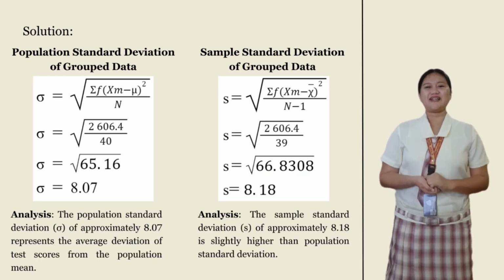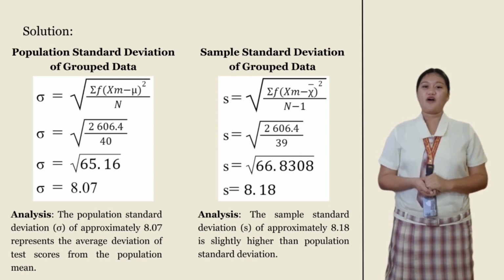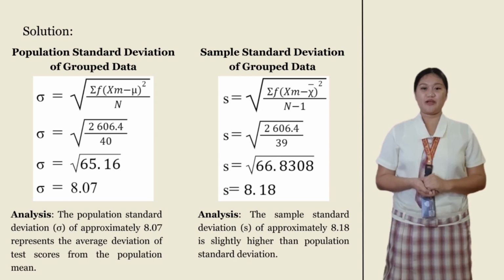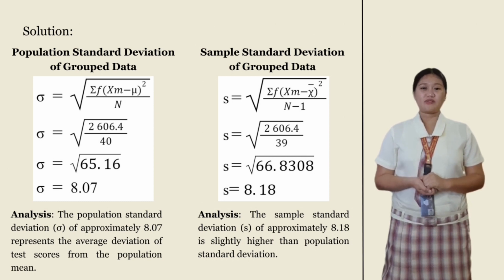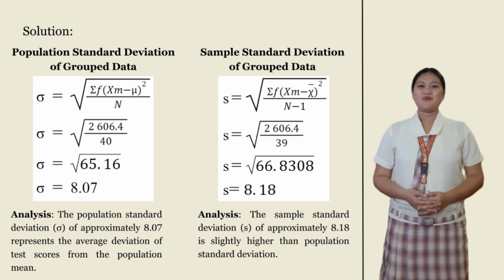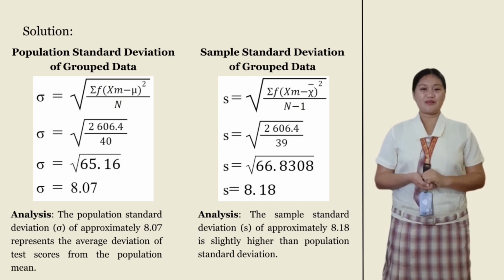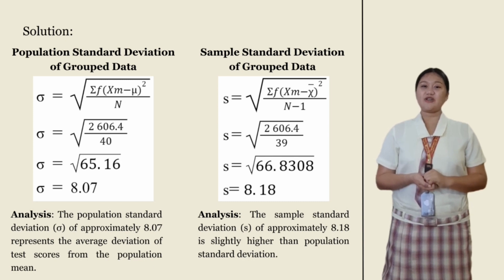And now let's solve for the standard deviation of group data. Let's begin with the population standard deviation. So population standard deviation is equal to the square root of the summation of the products of frequency and square differences between each interval midpoint and the population mean, divided by the total number of frequencies in the population. So we have here 2606.4 for the summation, and we also have 40 for the total number of frequency.